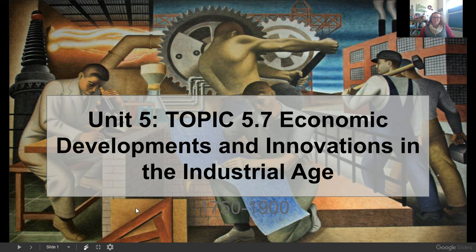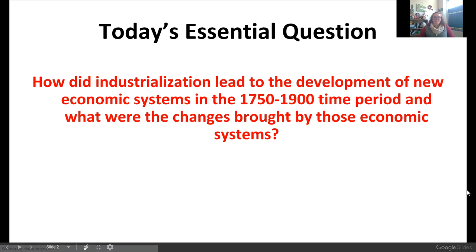So, in this video, we're going to primarily focus on the economic side of things, the developments and the innovations. So, specifically, what we're going to look at is how did industrialization lead to the development of new economic systems during this time period.